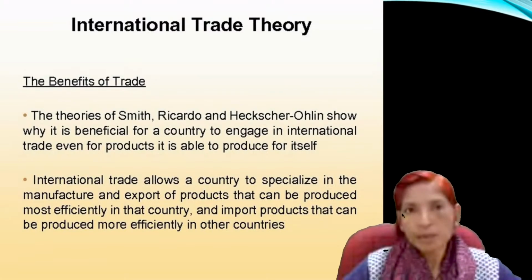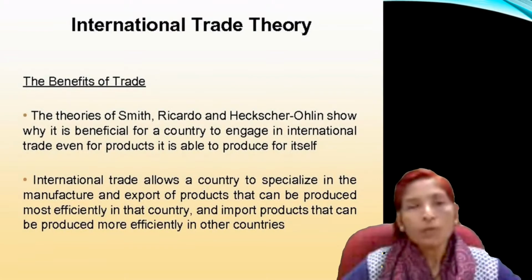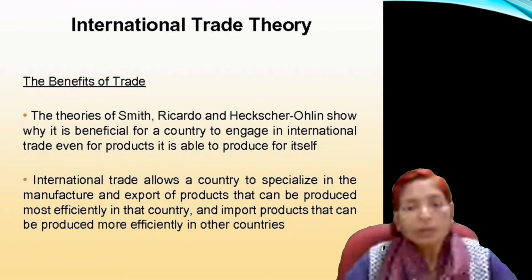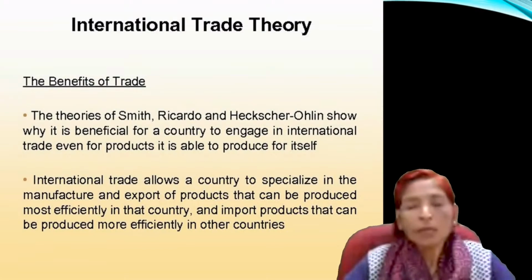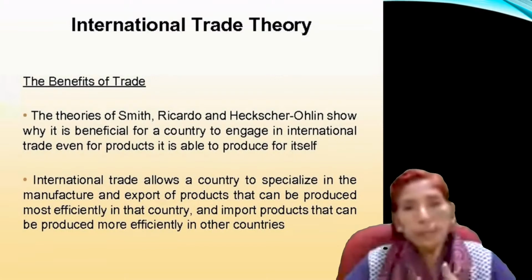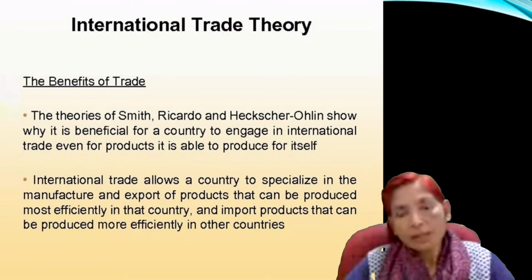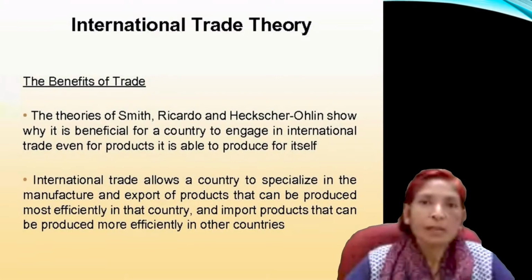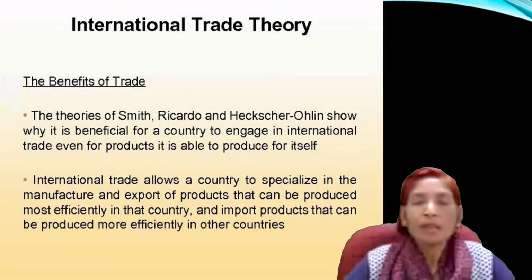So we can export these agricultural products to those nations that are not able to produce agricultural product in large quantity. And we can import industrial products or other products which are less in quantity in our country.